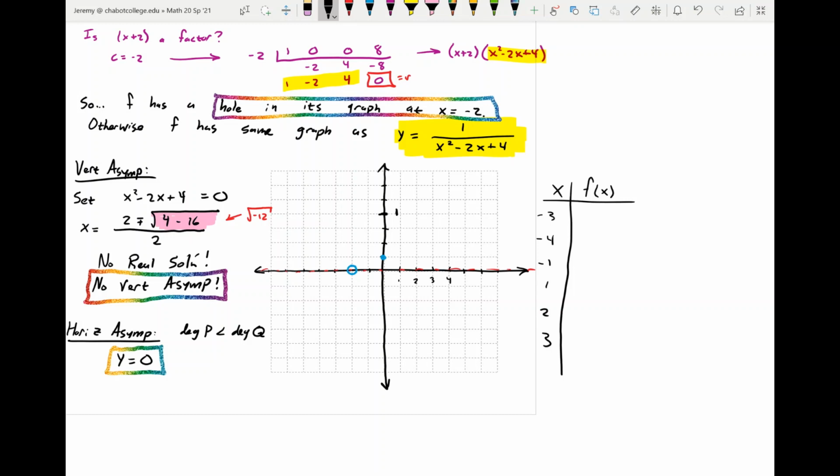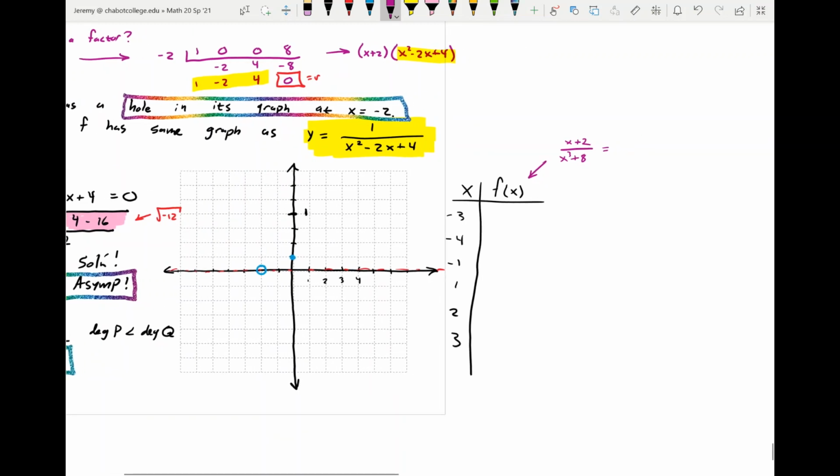Since I'm plugging in numbers other than -2, it doesn't matter if I plug into the original function, (x plus 2) over (x cubed plus 8), or into 1 over (x squared minus 2x plus 4).